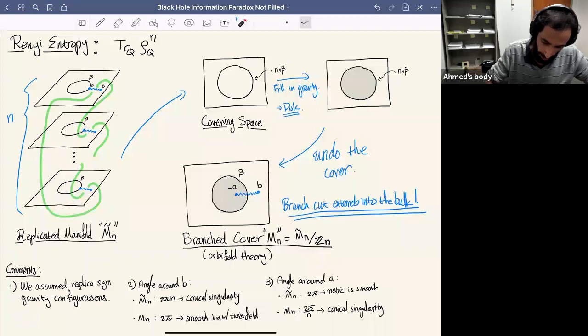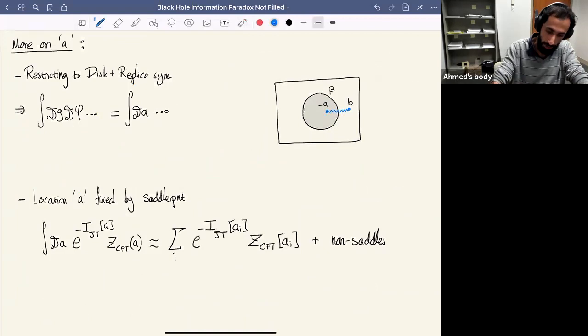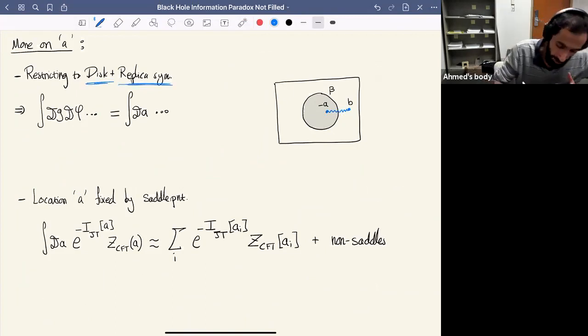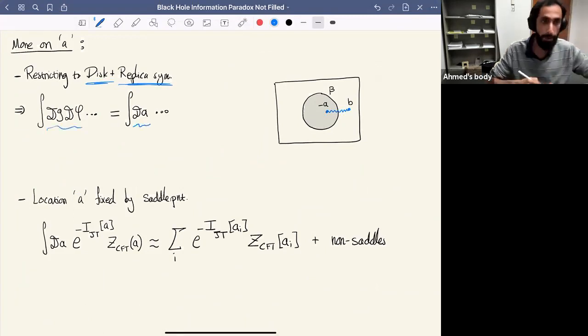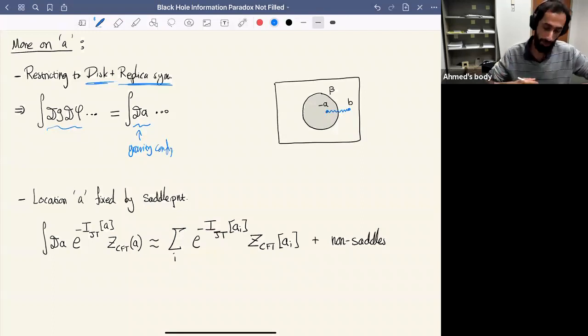So the upshot of the slide is that you ended up with this branch point A inside the bulk. Let's say a few more things about A. When you restrict to the disk and assume replica symmetry, basically the only parameter, the integral over the dilaton in the metric, becomes an integral over A. So A parameterizes gravity configurations; different values of A correspond to different configurations of gravity.